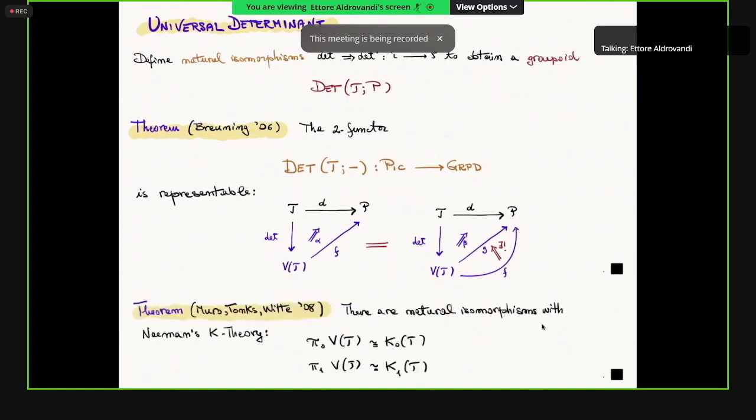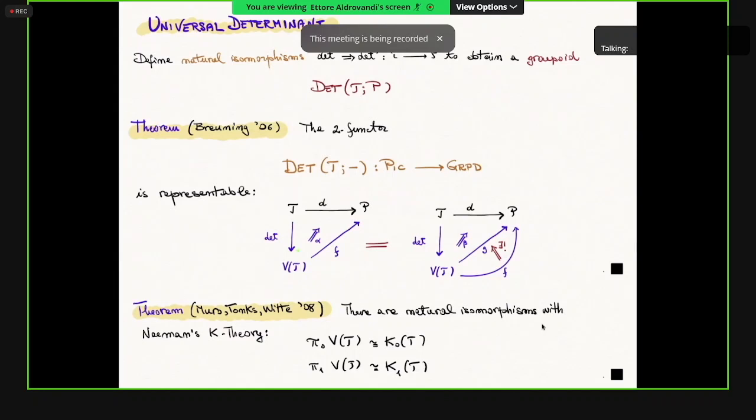It's also true, and proved later by others, that this Picard groupoid, which is usually called the groupoid of virtual objects, has to do with the K theory of the underlying triangulated category. So the pi 0 and pi 1 of the groupoid of virtual objects are actually respectively the zeroth and the first K groups of T.